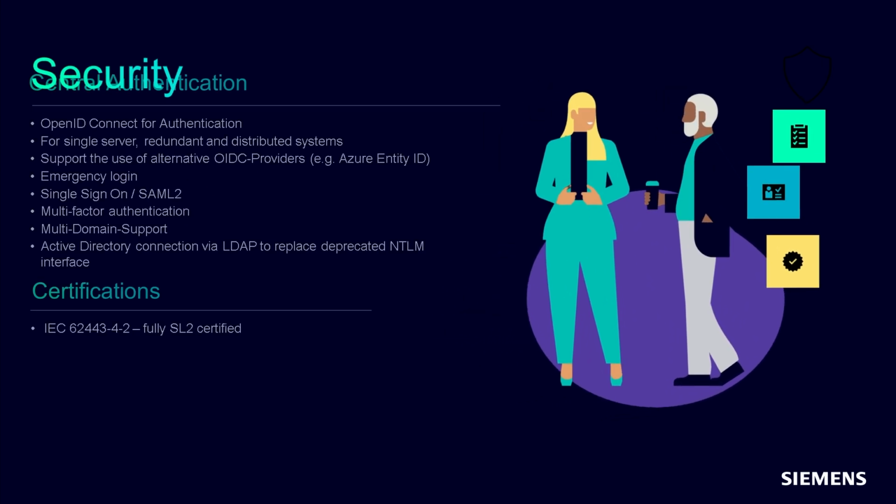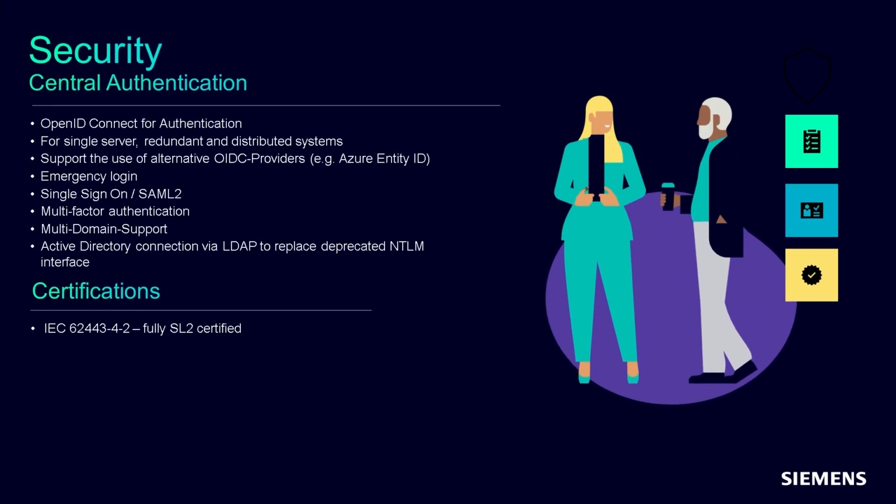From security side, what's the news? One main topic of version 3.21 is that we introduce a new central authentication. This central authentication will be based on OpenID Connect and will be available for the whole product.